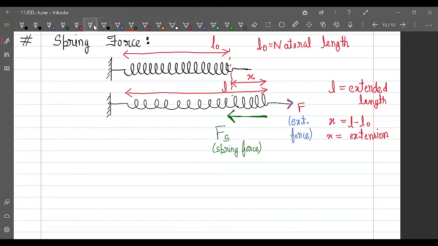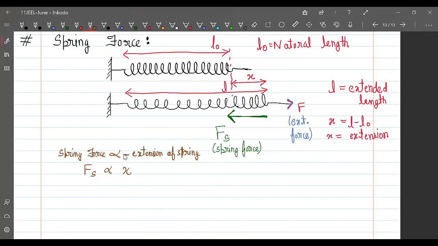And it was found that the spring force is directly proportional to the extension of the spring. And of course, when you're extending in the right direction, then the spring force will be towards the left direction.